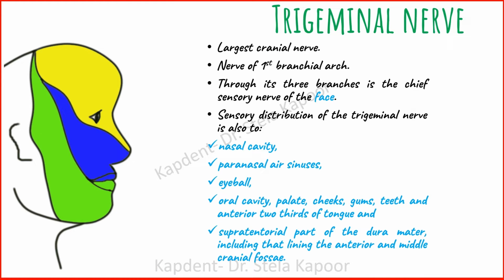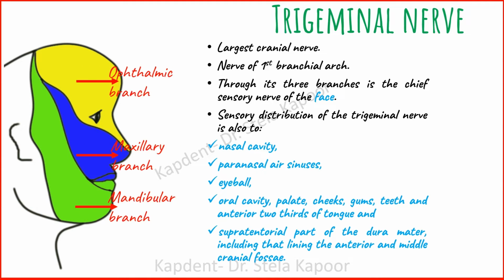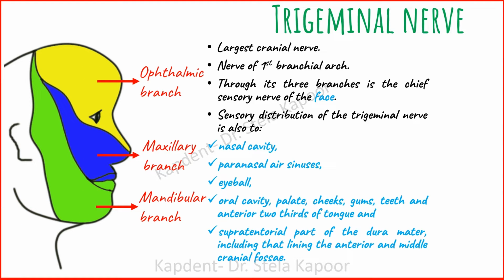The trigeminal nerve is the largest cranial nerve and is the nerve of the first branchial arch. Through its three branches, namely the ophthalmic, maxillary, and the mandibular branch, it is the chief sensory nerve of the face.